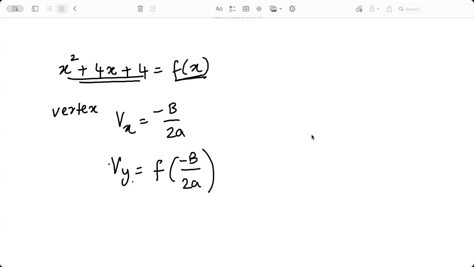Okay, so you understand how to find the coordinates of the vertex in both the forms? Yeah. Okay, now let's go ahead and see. After this, do you know how to convert?